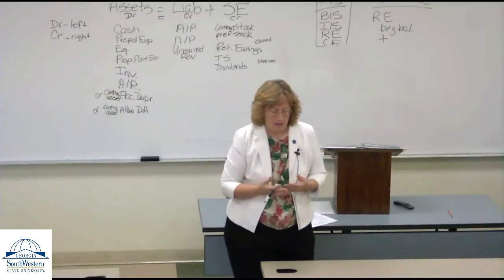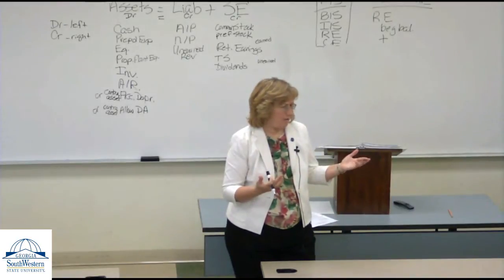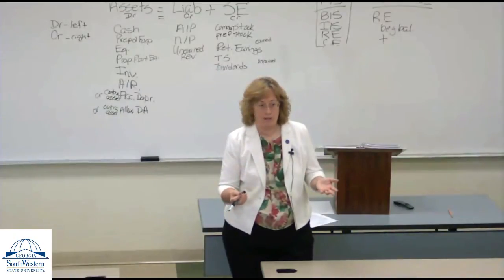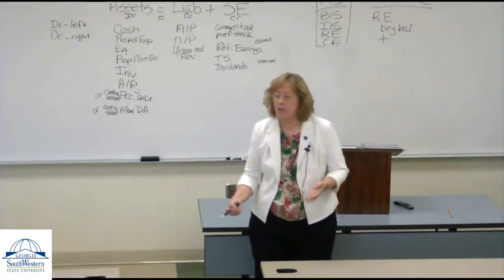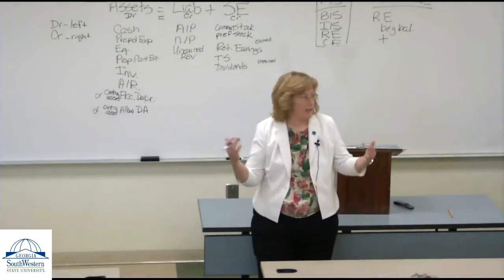What do I mean by accumulated profits? What financial statement do we find the profits of the company on? On the income statement, at the bottom, we have something called net income.